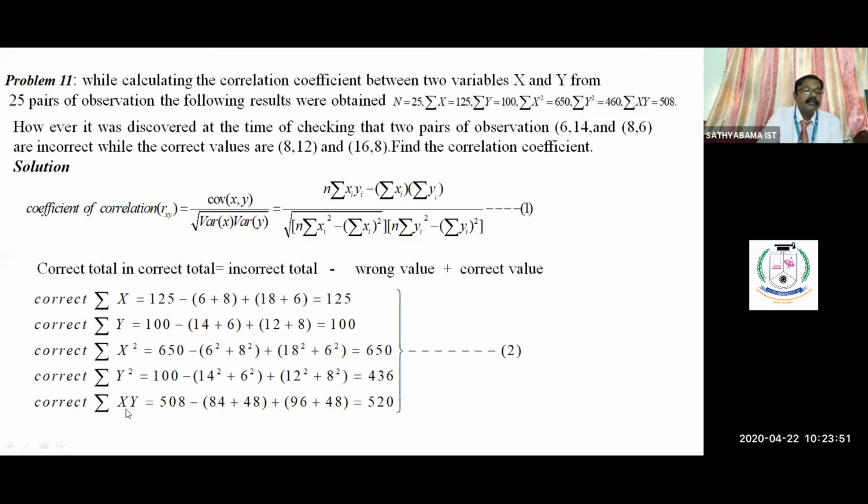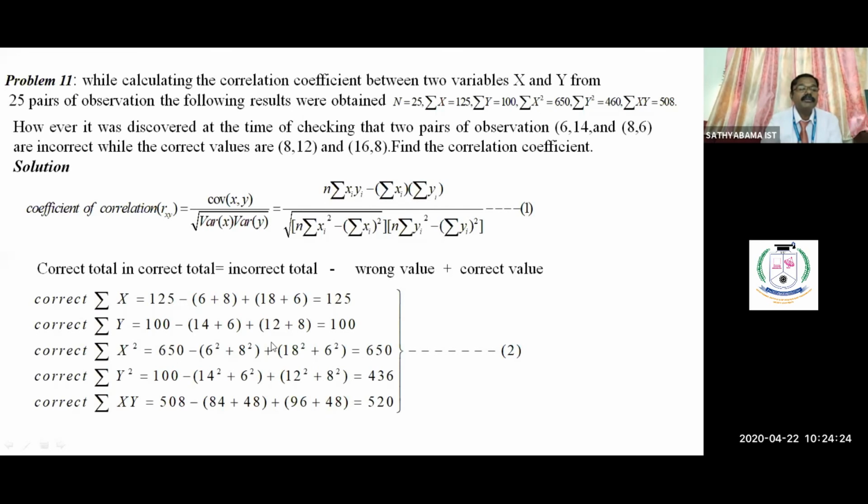The corrected sigma xy is given, that is nothing but 508. This 508, the correct value is 508. We are using the same way here. We are just removing the mistaken values and adding the correct values. These are the incorrect values, these are the wrong values, and these are the correct values for this problem. Okay. So equation 2 gives the corrected sigma xy, sigma x, sigma y.